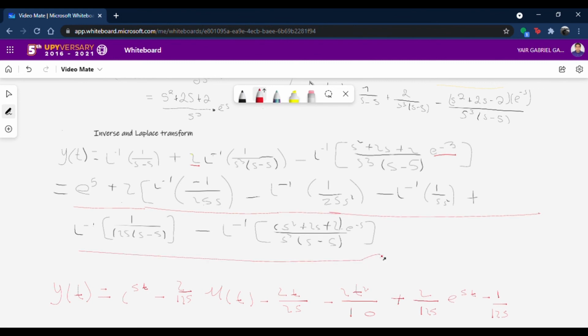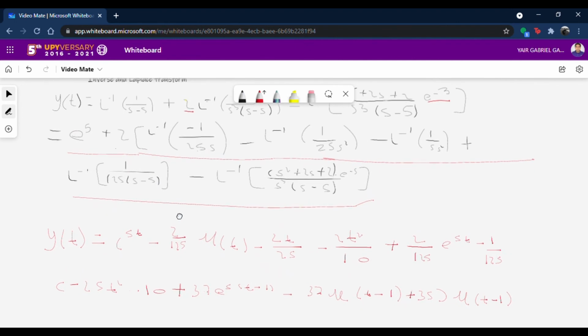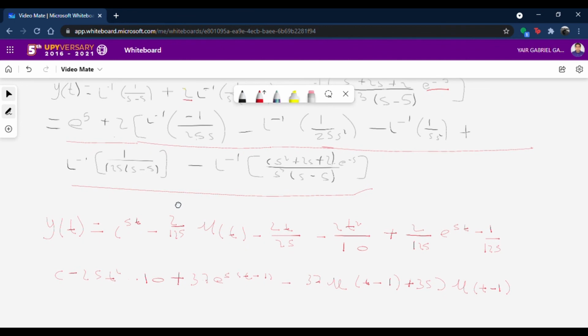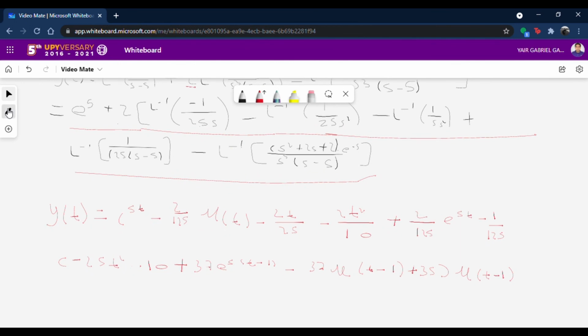Each of these is multiplied by e to the 5t, and the terms are affected and modified compared to what we had before. Then this part is arranged by powers with respect to the denominator and numerator. And so in the end we obtain the final result, which is this.